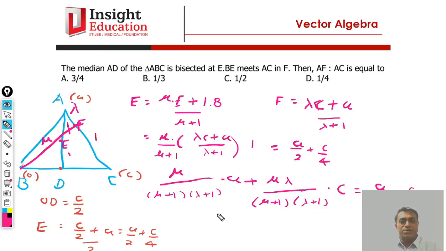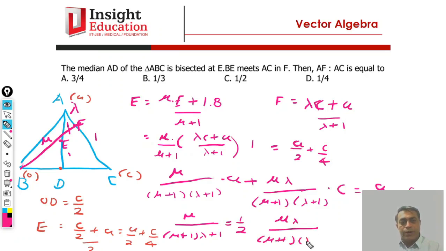Okay, so from this we can say, comparing first portion and second portion, mu upon mu plus 1 lambda plus 1 is equal to 1 by 2, and second, mu lambda upon mu plus 1 lambda plus 1 is equal to 1 by 4.